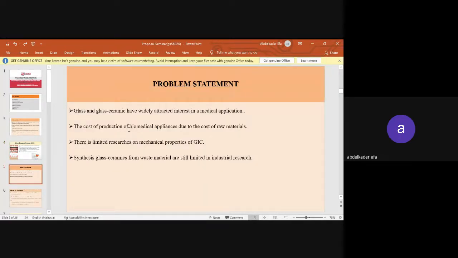Problem statement. In recent years, glass and glass ceramics have widely attracted interest in medical applications due to their properties toward biological reaction.